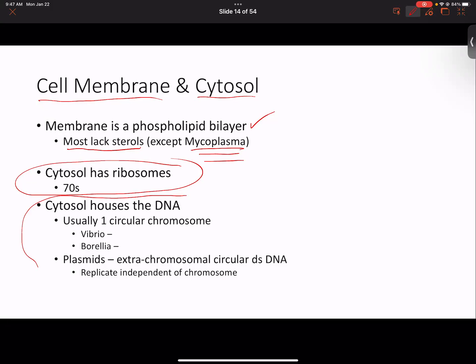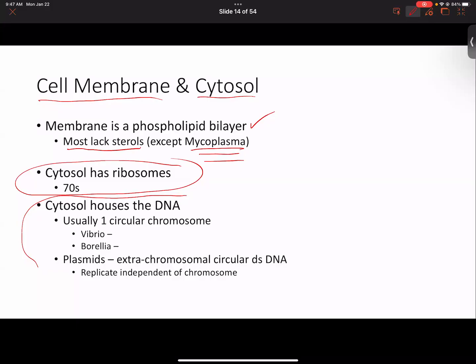All right. The genome itself is typically composed of one circular chromosome, and that circular chromosome houses all the genes that the bacterial cell needs for its replication and survival. Okay.